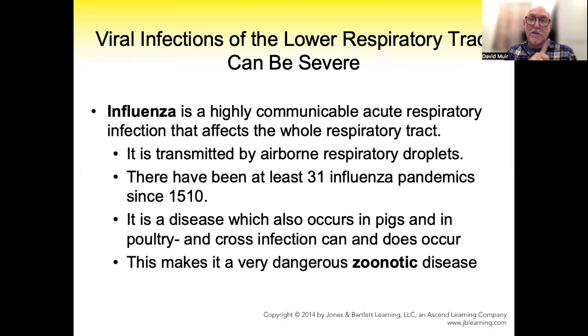The one type of change is a slow change, an accumulation of mutations over a period of a year or two, which makes the virus invisible to the immune system of people who've had influenza even the year before. Their immune systems don't recognize the new flu.